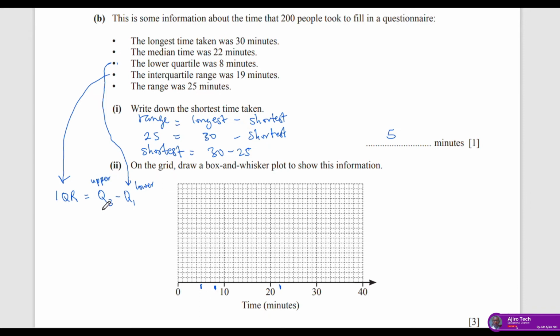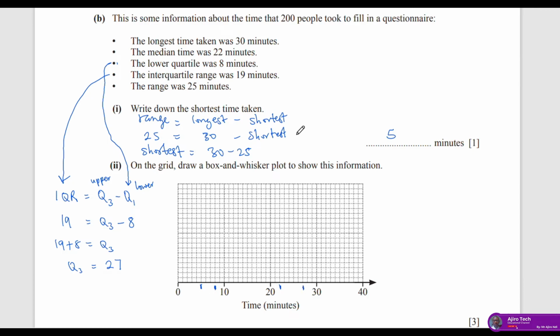So the upper quartile we don't know yet, but they tell you that the interquartile range is given as 19. 19 is equal to Q3 minus Q1, and the lower quartile is 8. So I take this one across, so 19 plus 8 is the upper quartile. So Q3 should be 27, somewhere around here.